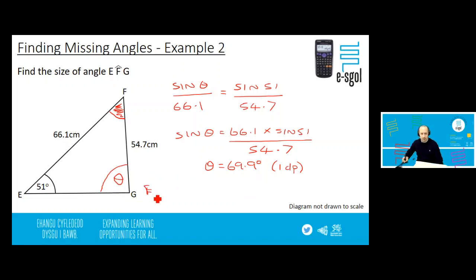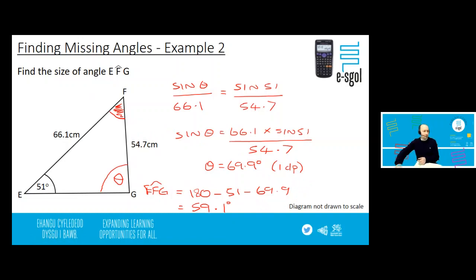So angle EFG, which is the one I'm actually trying to find, is going to be 180 degrees, which is the 3 angles in a triangle, take away 51, which is the angle given to me, and take away the 69.9, which is this angle theta in the bottom corner I've just found. So when I take all of them away, I get an answer of 59.1 degrees, and that's the answer that I'm actually after. Make sure you mark in your exam what that is. So I've written EFG equals, so anybody marking your paper can clearly see that.